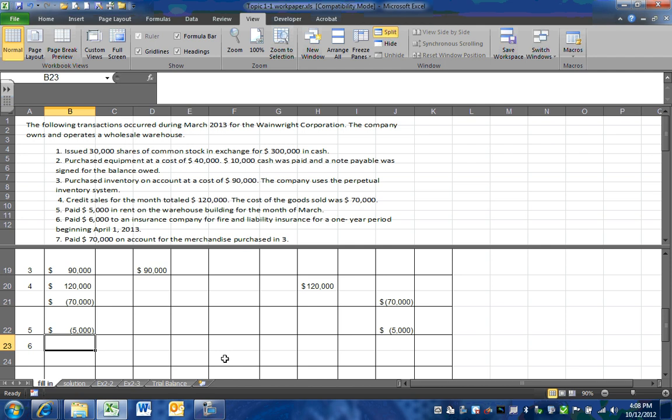Next, we're going to make a payment for an insurance policy that is not going to take effect yet. The money is gone. We paid $6,000 in cash, so we have to show that. But at this point, we do not have a cost because we cannot match it to any revenue because the policy begins in April.